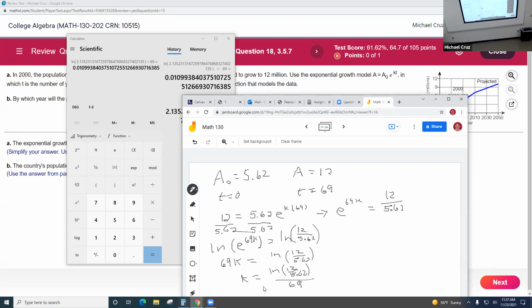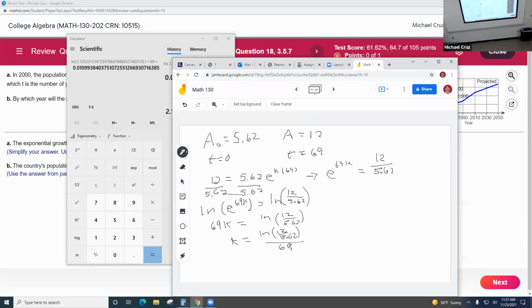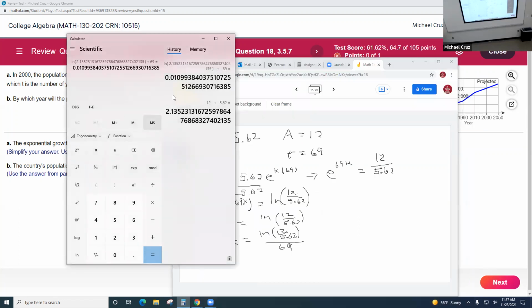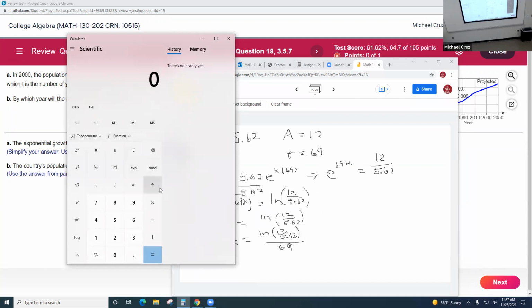And something doesn't look right. No, I think that's right. I'm sorry. Let me just double check it because I was jumping ahead. I was thinking we wouldn't do that, but this is just to get the k. All right, so let's just double check it. So that's fine.